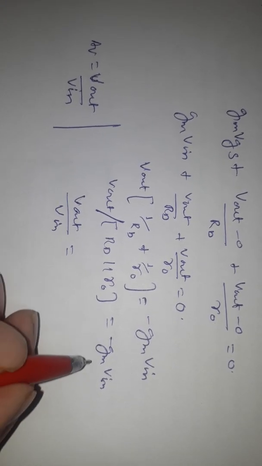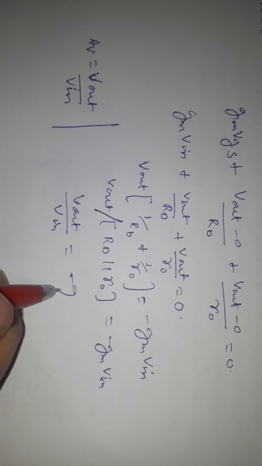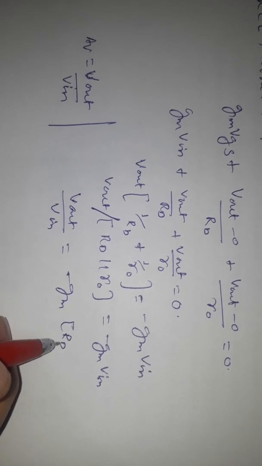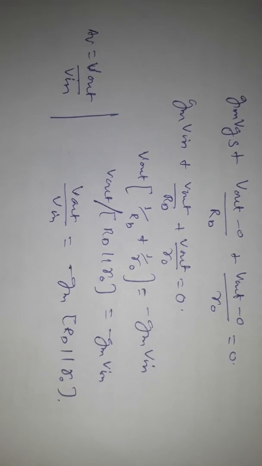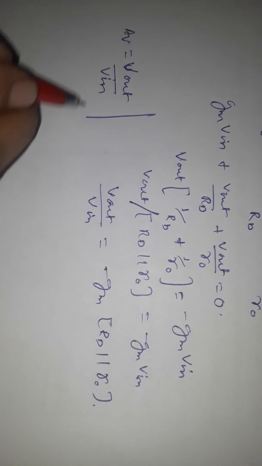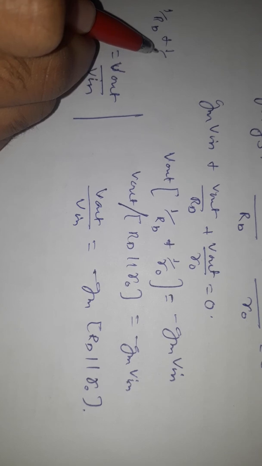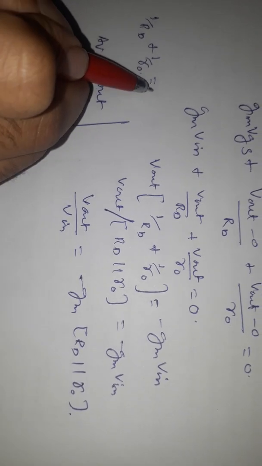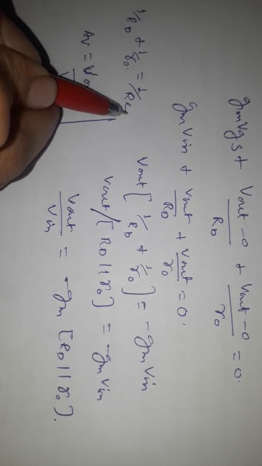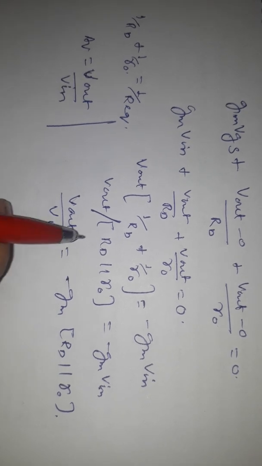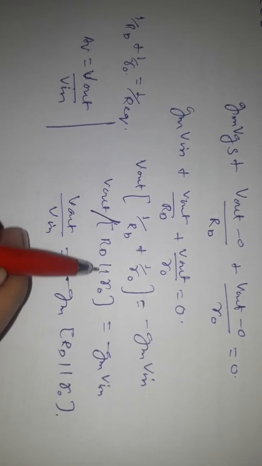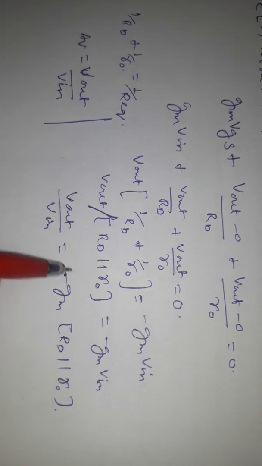So when we cross multiply this, we get minus gm RD into R0. As 1 upon RD plus 1 upon R0 is equal to 1 upon R equivalent, this is in the denominator.